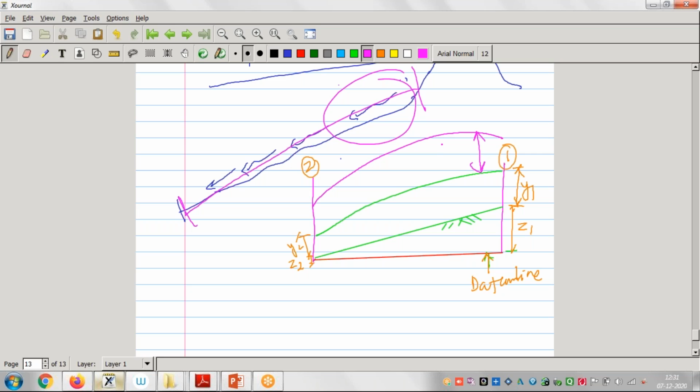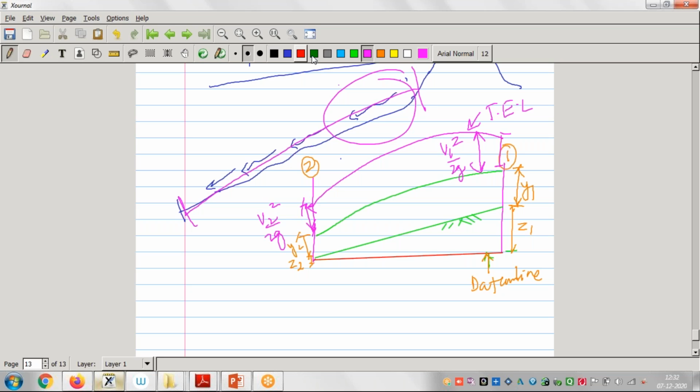If we add V1 square upon 2g at section 1 here, we will get the total energy line at section 1. Similarly, if we add V2 square upon 2g, then we will get the total energy line at this point.